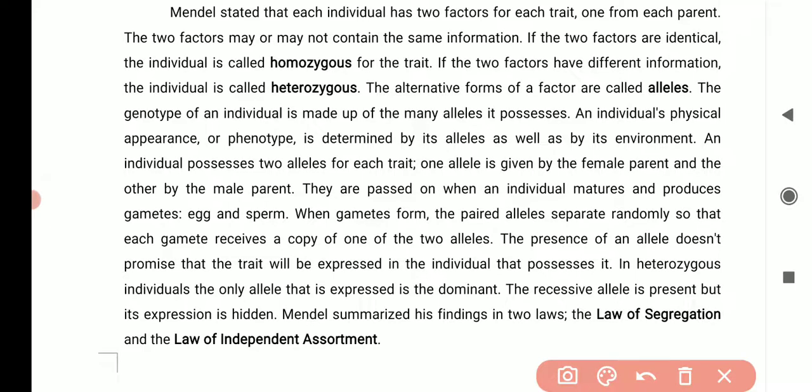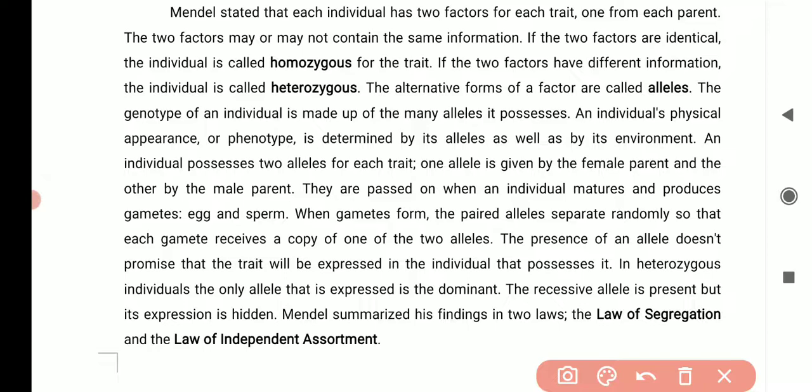The outside look of an individual, whether me or a plant, is the phenotype, and it depends on the alleles as well as on the environment. Just because a British person is so fair doesn't mean he will not become tanned.